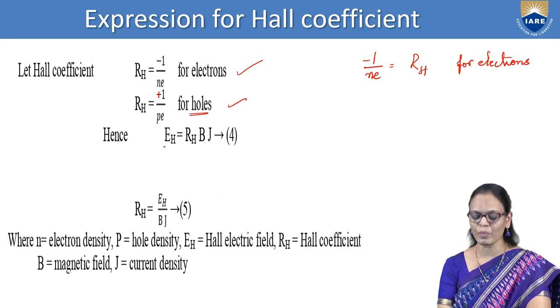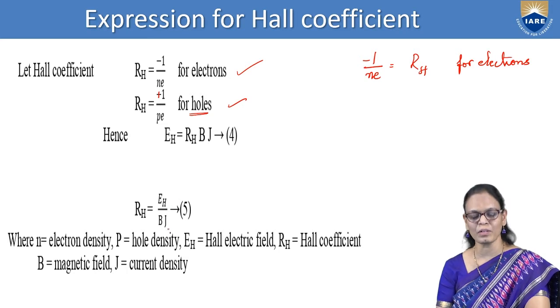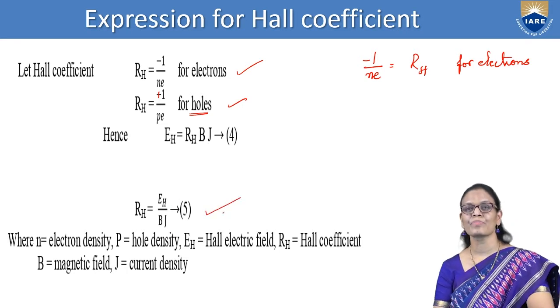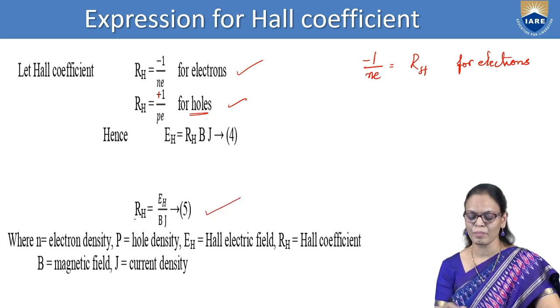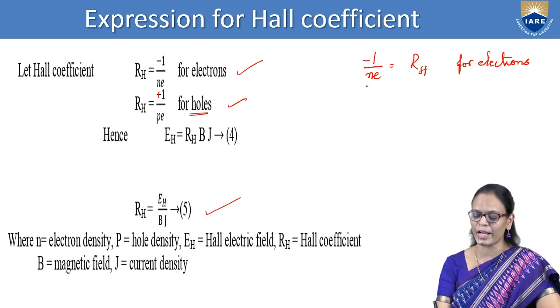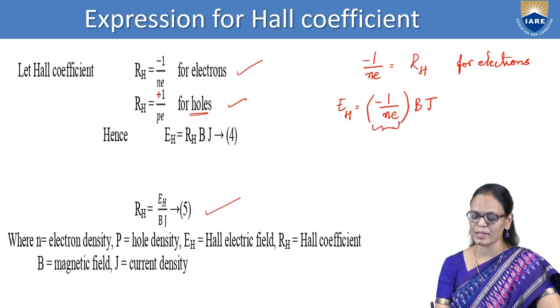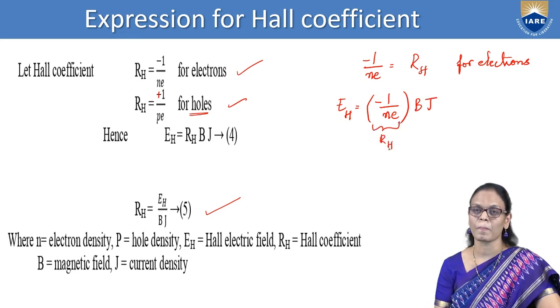Now from equation 3, we can write EH is equal to RH into BJ, or RH is equal to EH upon BJ. So this is the equation we get now. Because for 1 upon Ne, what we had here is EH is equal to minus 1 upon Ne into BJ. So for this we are substituting RH.